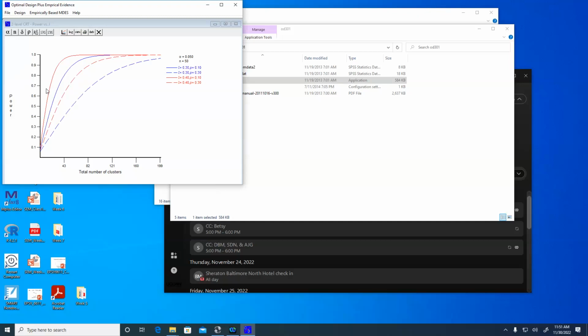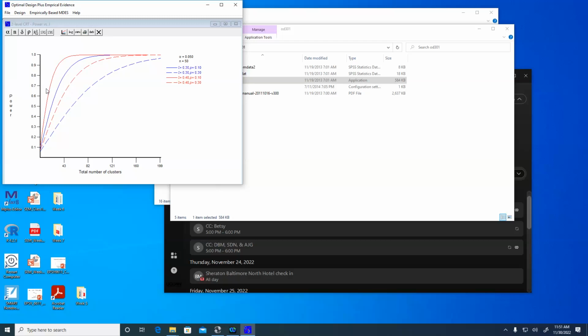But just looking at the red versus the red, the solid is an interclass correlation coefficient of 0.1. The dashed is an interclass correlation coefficient of 0.3. And you can see that the higher the ICC, the less power I have at a given number of clusters, and so the more clusters I need.